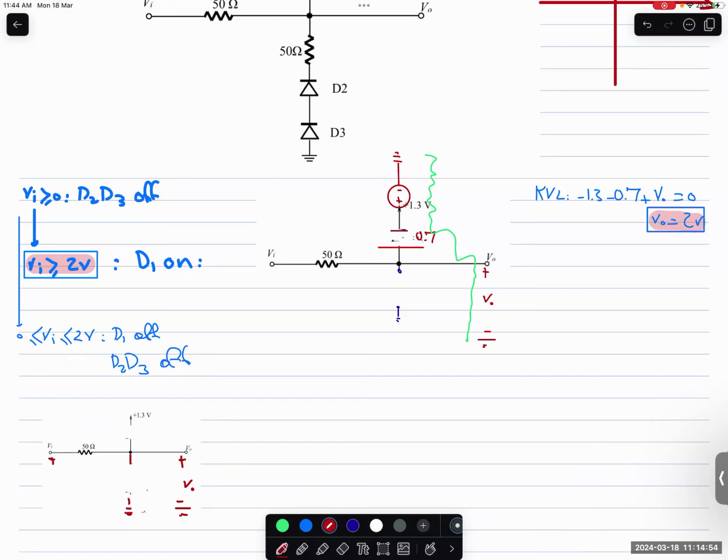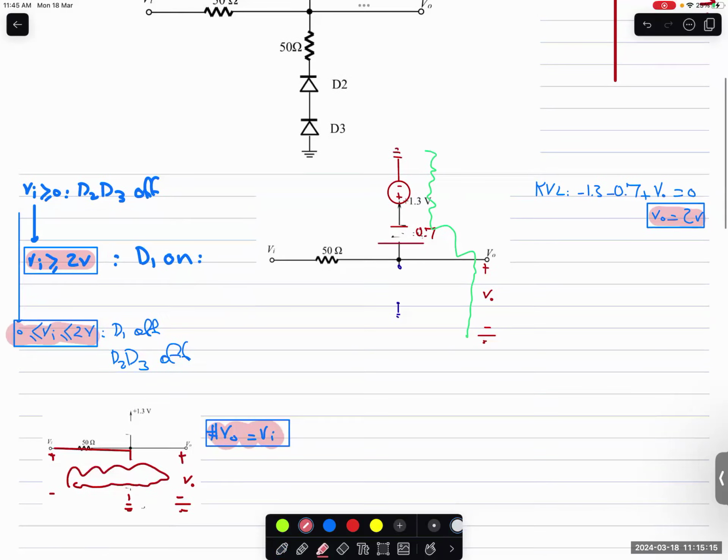And now there is no current in the circuit. Even if you apply one KVL, you will get VO equal to VI in this region. Okay, so we did that part.